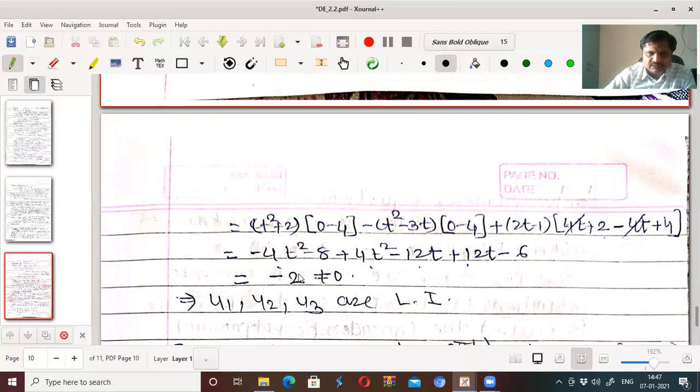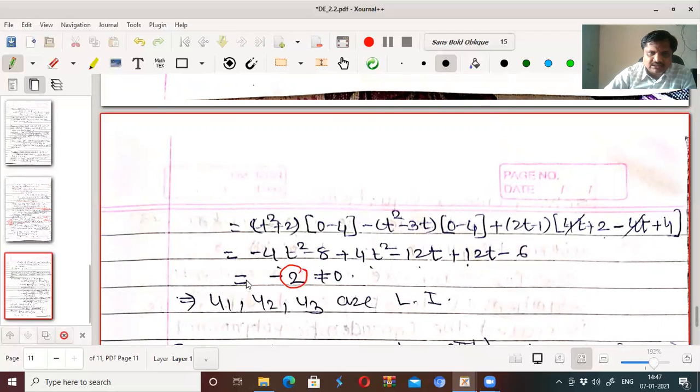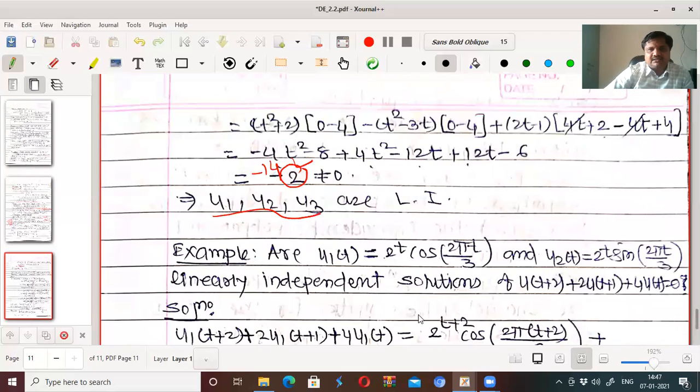It is minus 14, which is not equal to 0. Hence, the three solutions u1, u2 and u3 are linearly independent.